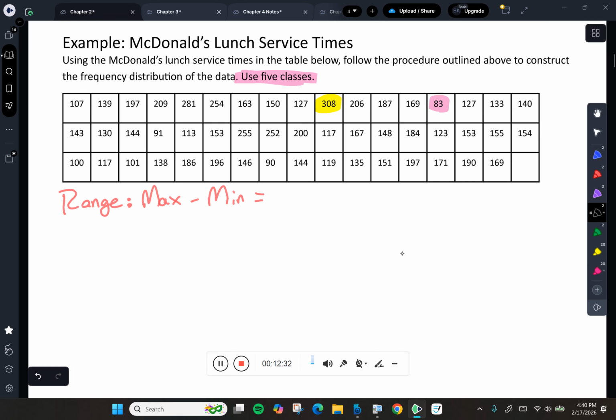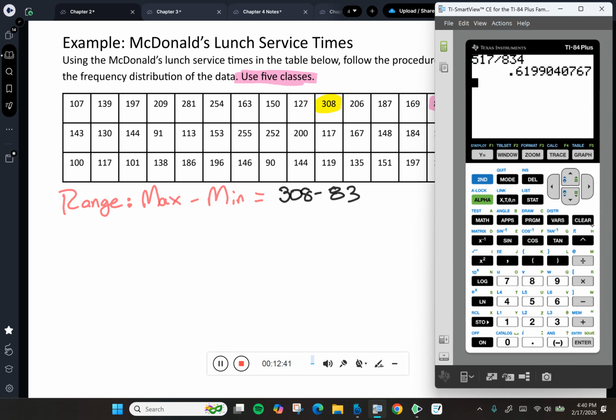Okay, so then my range is going to be 308 minus 83. So 308 minus 83 gives me 225.